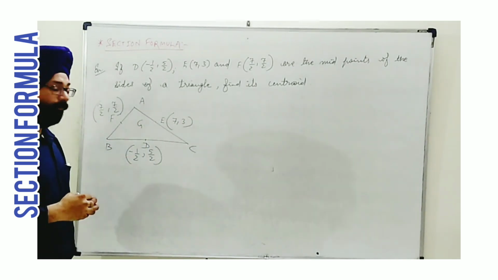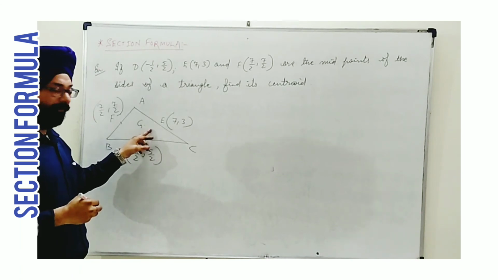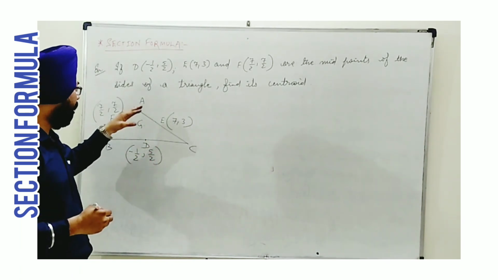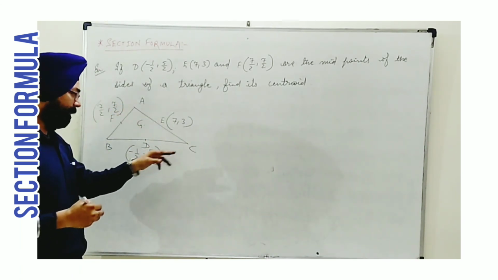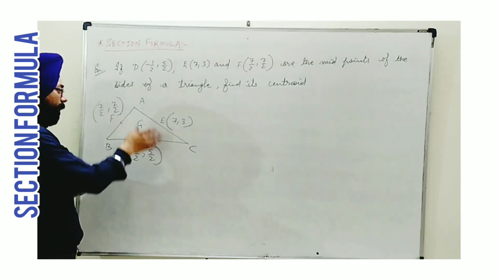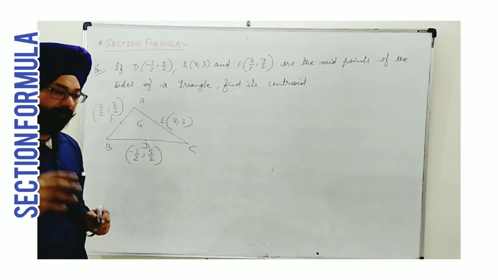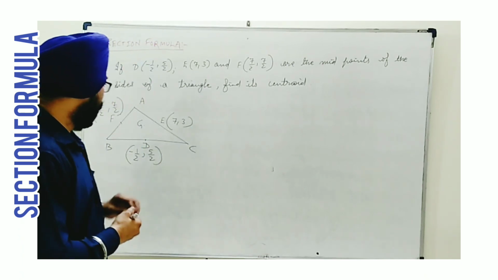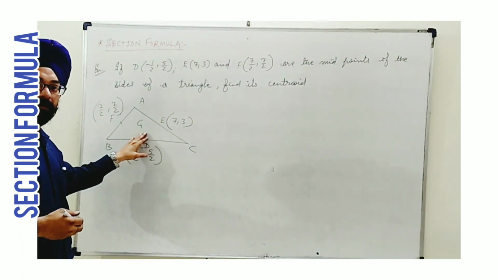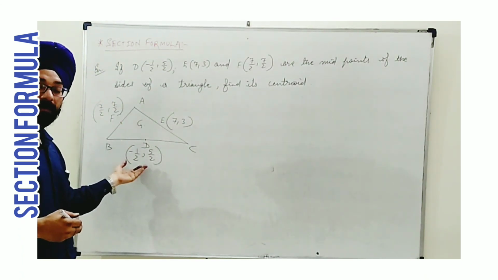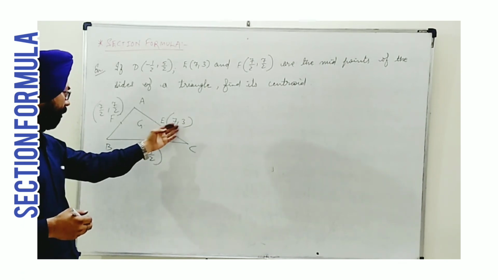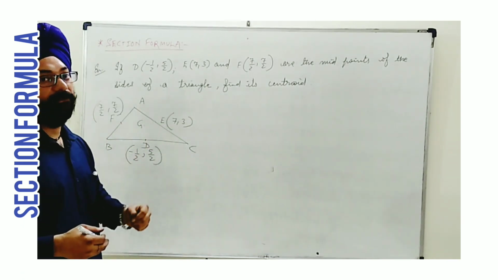We have seen that for the centroid x, y, we need the coordinates of the vertices. But here we are given the coordinates of midpoints. Now let me tell you, this centroid can be obtained by the same formula using the midpoints of the sides also.